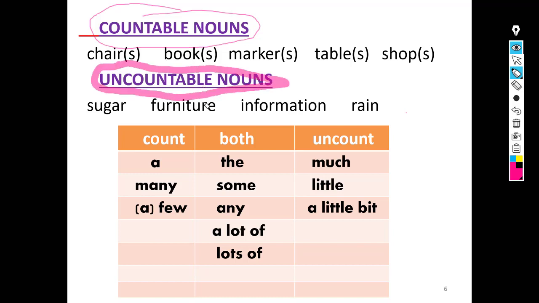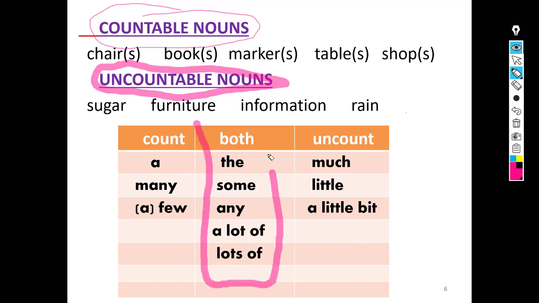But teacher, I am confused when we use many, much, some, any, little, few, when we can use all these words. Okay, quantifiers. For example, I have a trick for you.